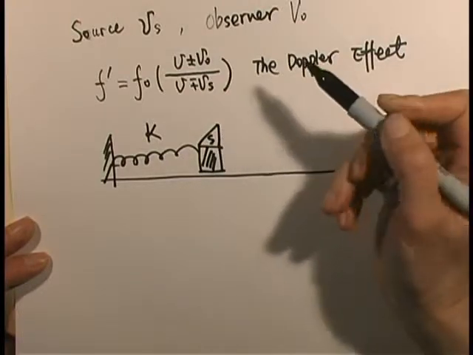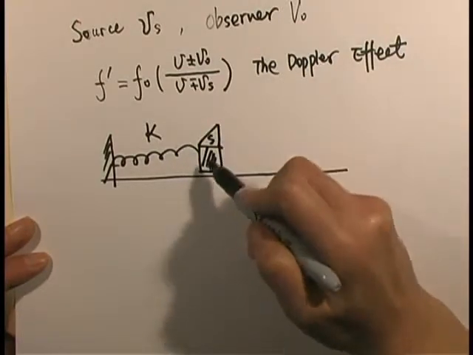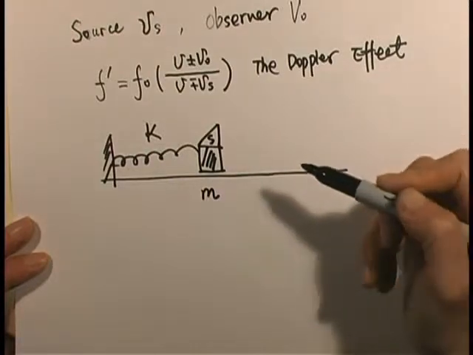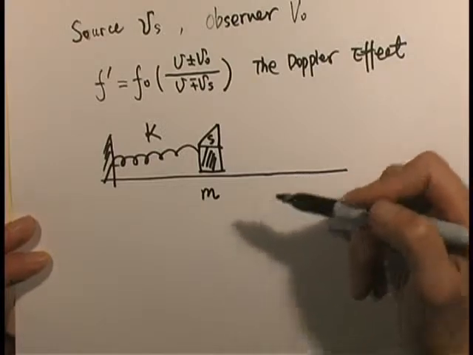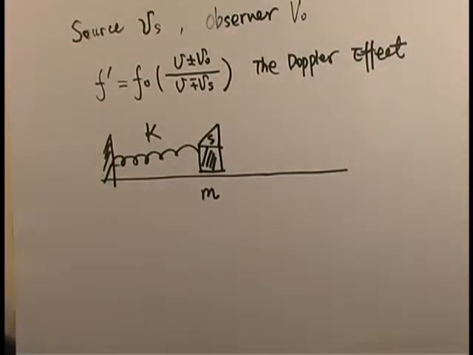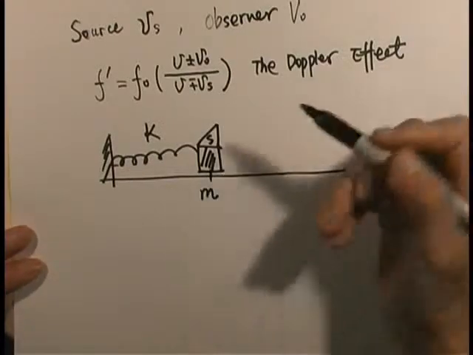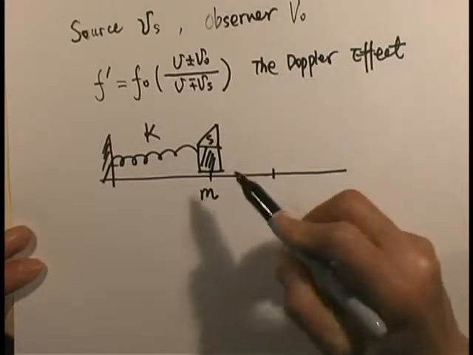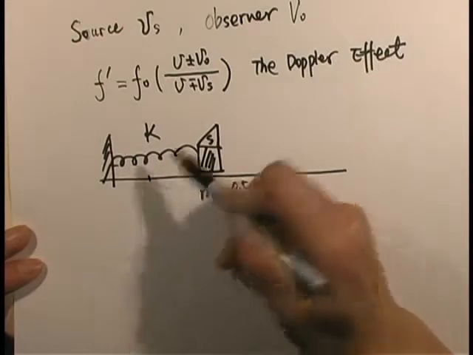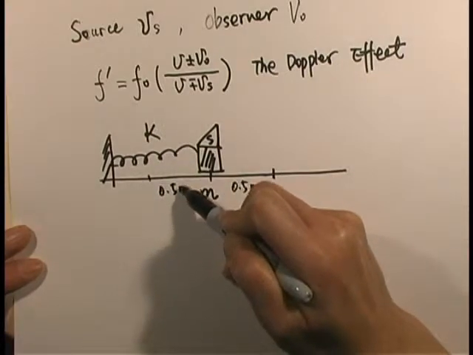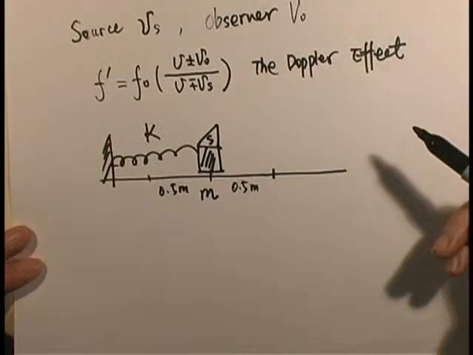The total mass of the speaker plus the block is 5 kilograms, and the amplitude of the motion is 0.5 meter, which means if this is the equilibrium position, the furthest it can move is half a meter away, and it will also move half a meter to the left. This is the so-called amplitude of simple harmonic motion.